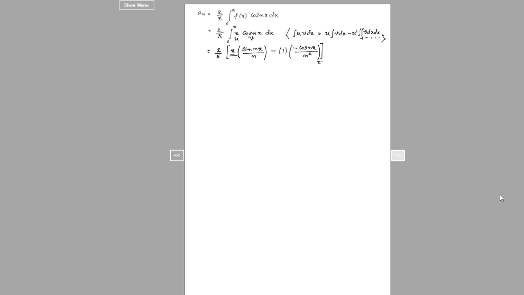Then substitute the limit, x equal to 0 to pi.